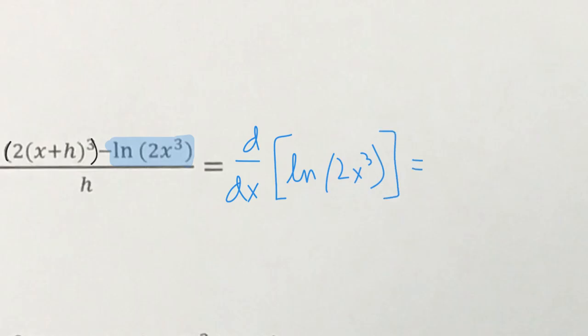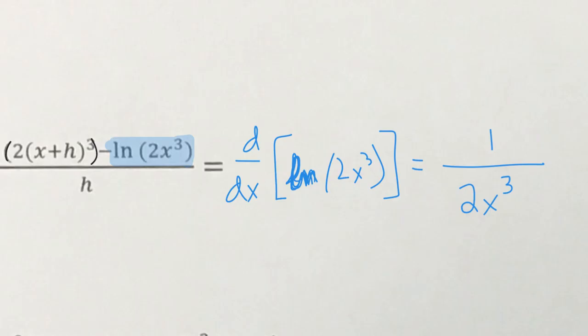Okay, so this is a natural log derivative. So hopefully you've memorized the form of the natural log derivative, which is 1 over the argument of your natural log, so 2x cubed, exactly how you see it, right? That is the derivative for natural log.